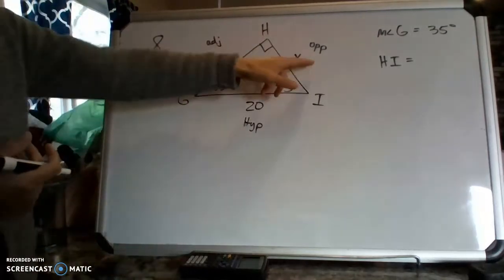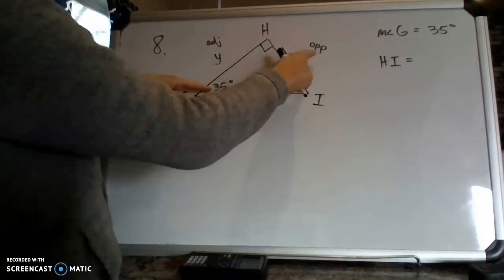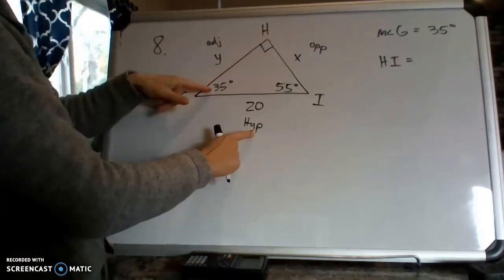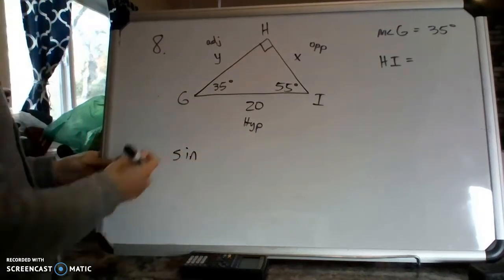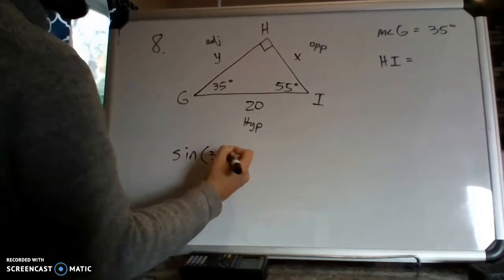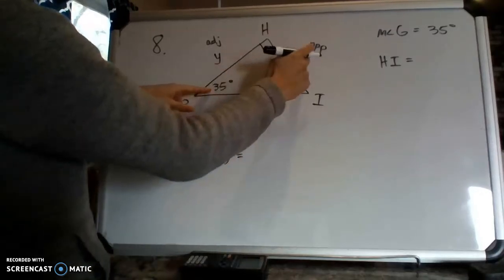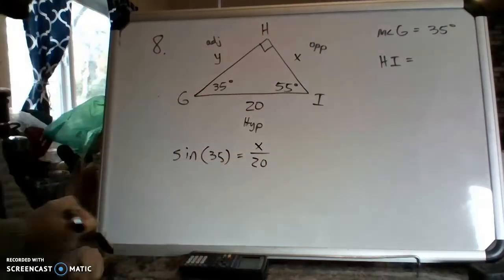So let's solve for X first. We need to figure out which trig ratio uses the opposite side and the hypotenuse side. So that would be the sine ratio. So sine of the angle I'm looking at, 35 degrees, would be equal to the opposite side, X, over the hypotenuse, which is 20.